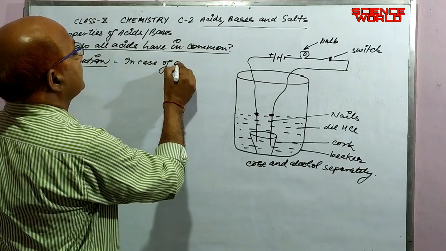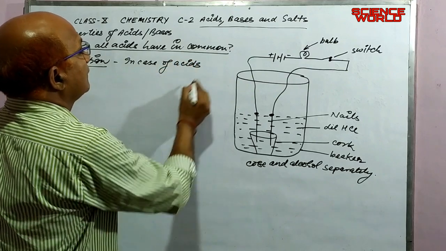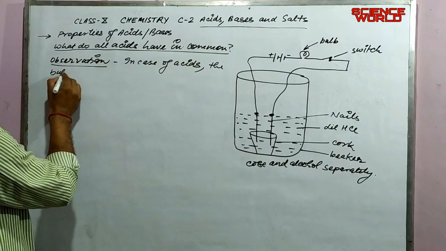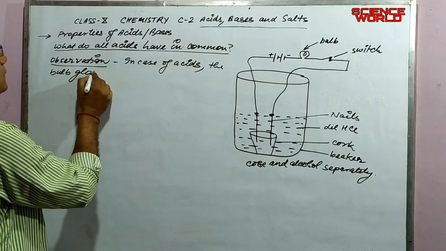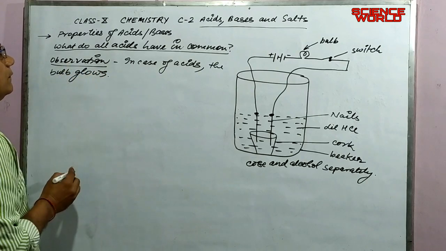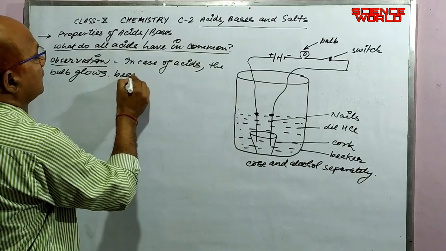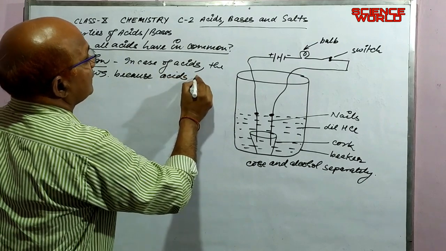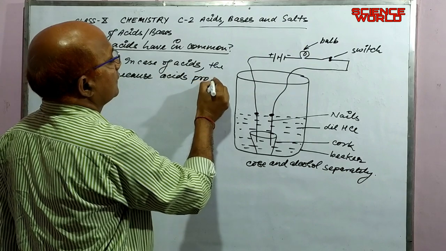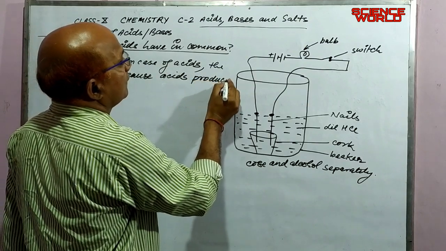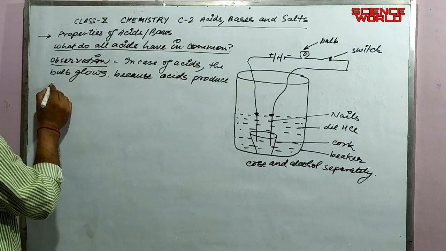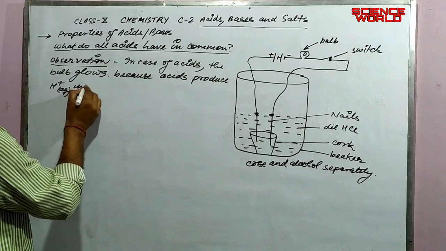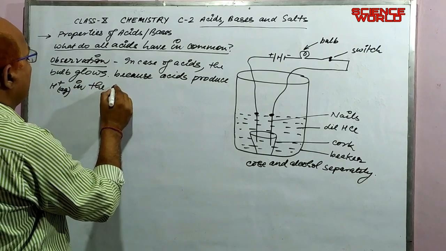In case of acids, the bulb glows because acids produce hydrogen ion in the solution.